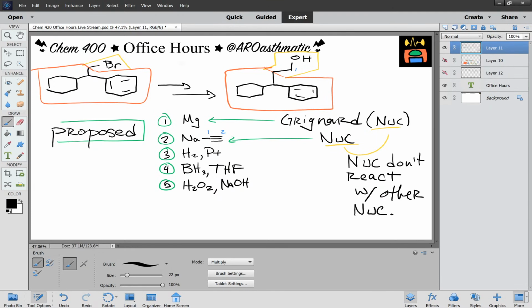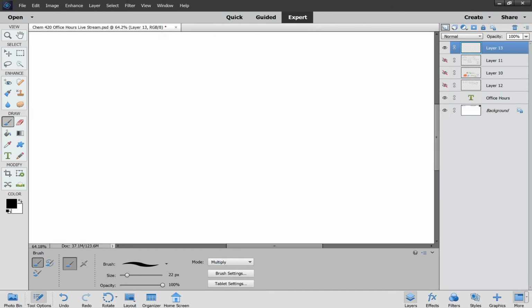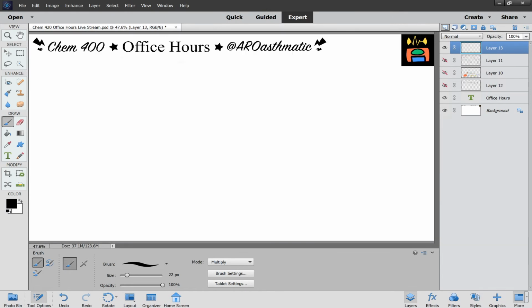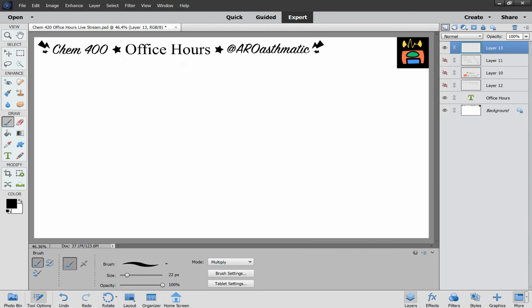A better way to go about this, so I'm just going to redraw. Wasn't sure what happened for a second there. So redrawing my starting material and my target.